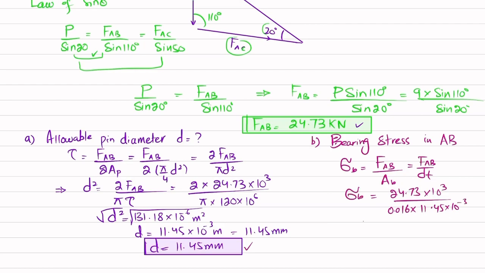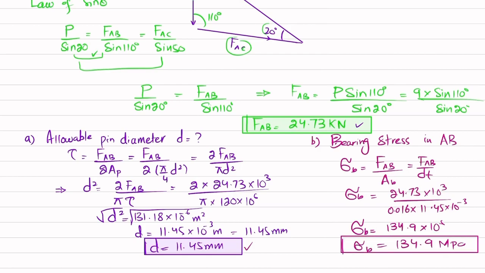So from here you will get bearing stress in member AB comes out to be 134.9 into 10 raised to power 6, or 134.9 megapascal. So this is bearing stress in member AB.